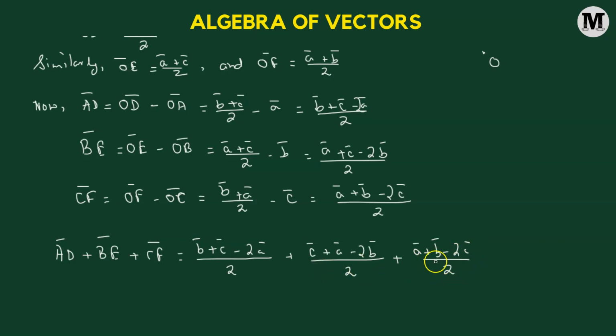When we sum it up, we'll see that this corresponds to 0. Since on the left hand side we have three vectors added to each other, on the right hand side we must also have a vector. So on the right hand side we get a null vector or zero vector. And this is what we needed to show, hence proved.